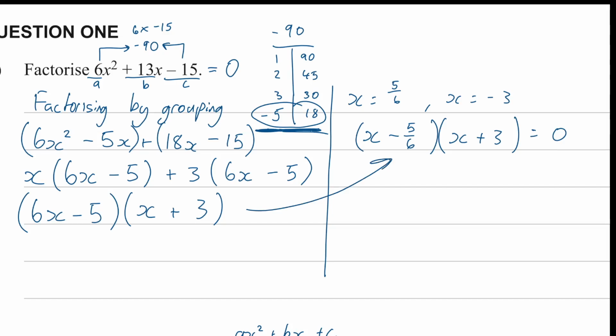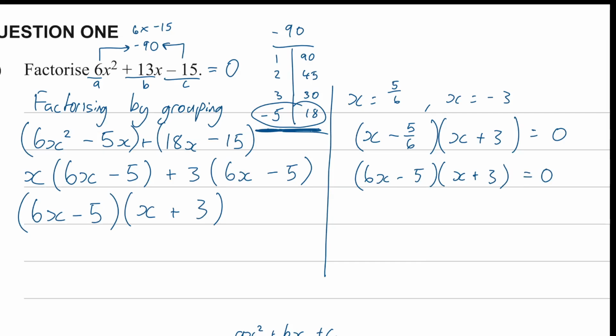So how are these two different? The x plus 3 is the same, but notice that the first bracket is 6x minus 5, which we can get to by multiplying both sides by 6, leaving us with 6x minus 5 times x plus 3 still equals 0.